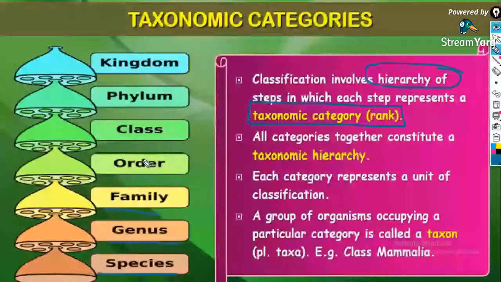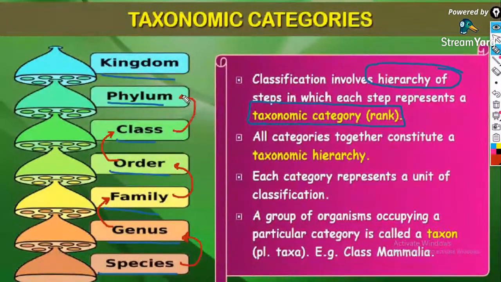Species is the basic unit of classification. A group of species forms the genus. A group of genera forms the family. A group of families forms the order. Orders together form the class. A group of classes forms the phylum, and a group of phyla at last forms the kingdom.